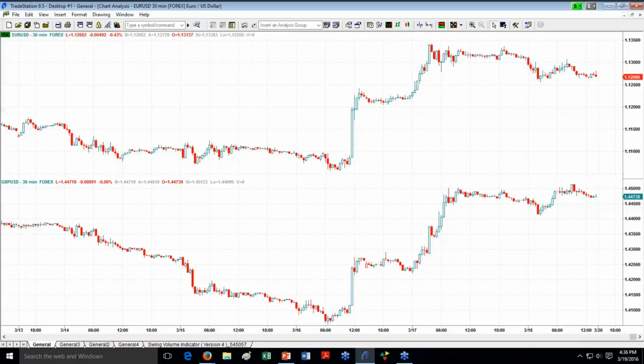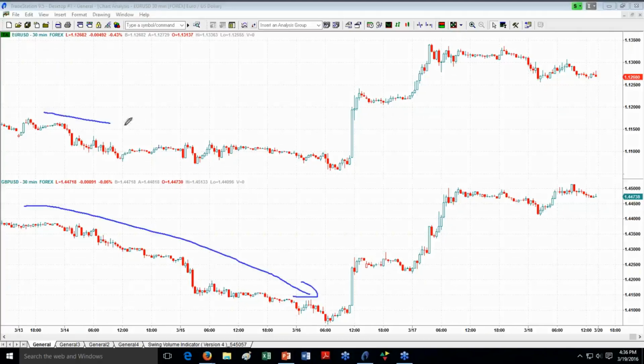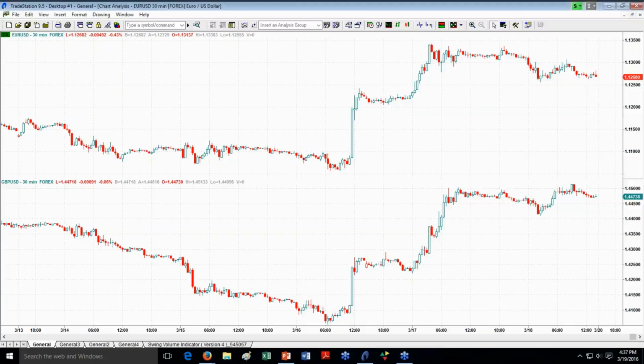Another way to follow this correlation is to just look at the chart and visually see whether there is a correlation. So I see that there is a move to the downside here, and I see that there is a move to the downside here in euro. So I see the correlation. So I'm going to be thinking about the comparative analysis and the strength and weakness before any type of entry points.